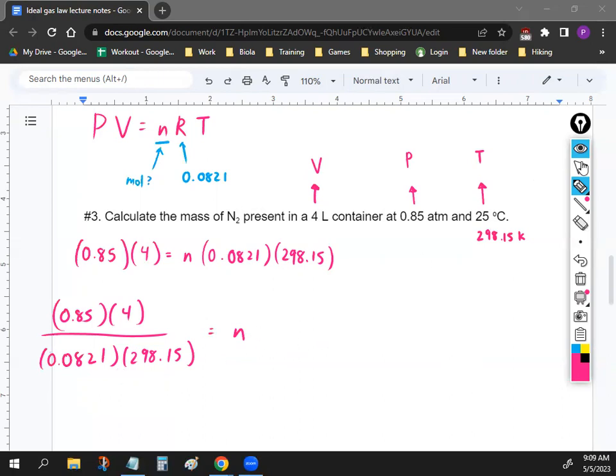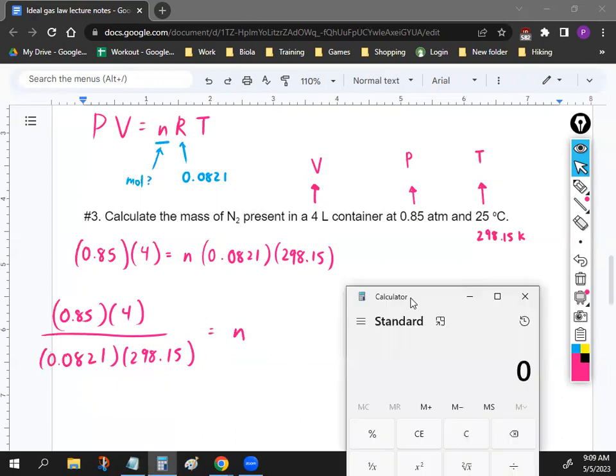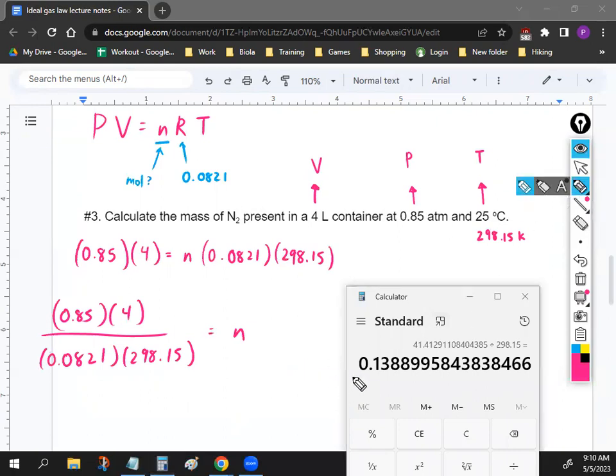All right, so let's plug this into our calculator and we can get our final answer. So again, multiply the stuff on the top. So 0.85 times 4. Going to divide by 0.0821. Divide by 298.15. And that's going to give us about 0.14. So I'm going to write 0.14.